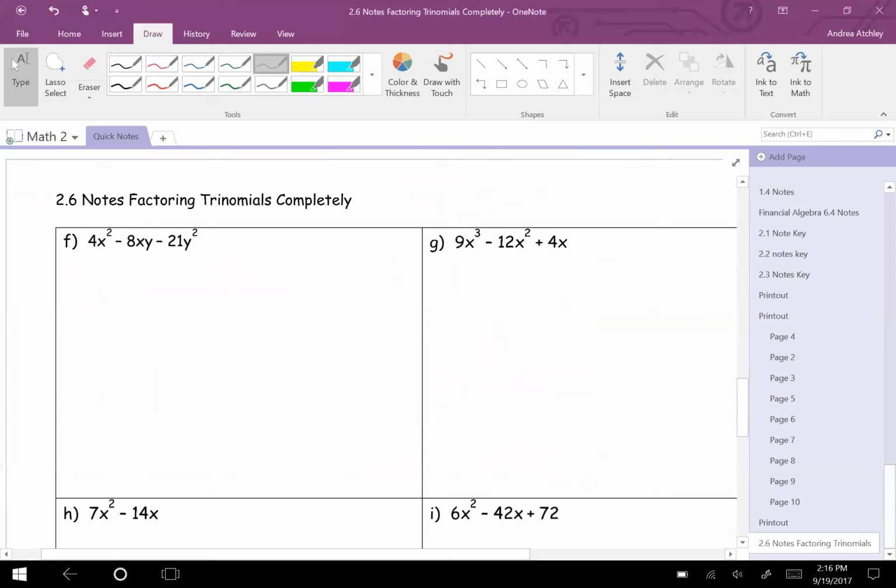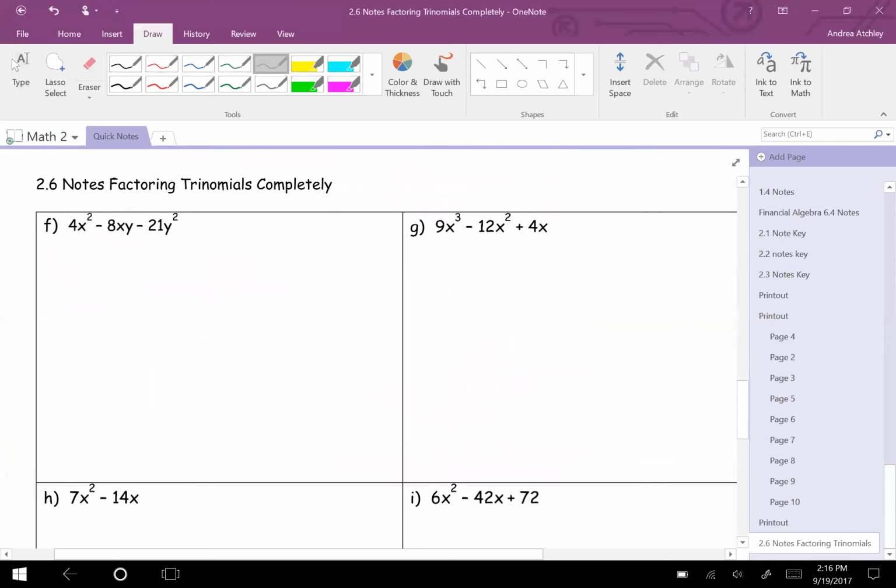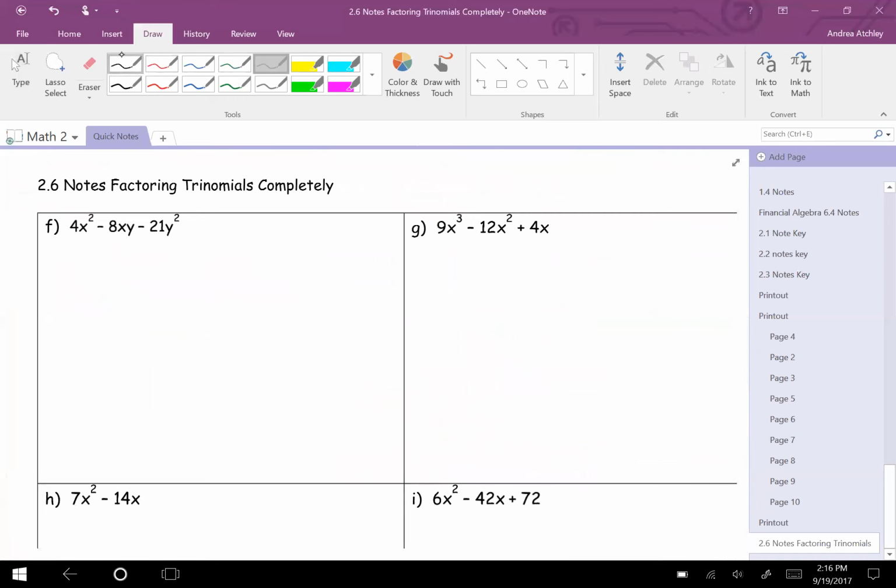Okay, 2.6, the other side of it. Let's start. Is there a GCF? Is there something that 4, 8, and 21 can all be divided by? No, right? Okay, so then we're just going to use the box.